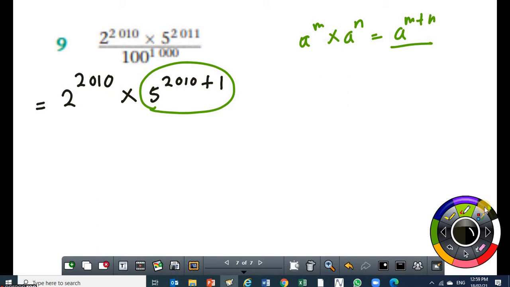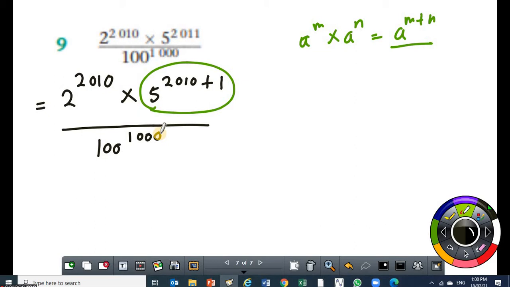So the next thing now is to say all over, this is all over 100 raised to the power of 1,000. Remember, you are not supposed to use a calculator. You have to show all your working out.